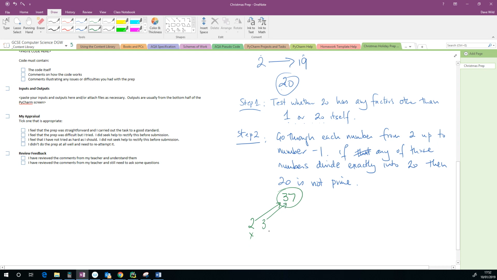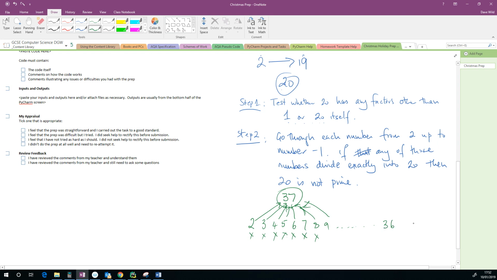Does 3 go into 37? No, not exactly. Does 4 go into 37? No, not exactly. 5? No. 6? No. 7? No. 8? No. 9? No. I'm going to keep going all the way up to 36.